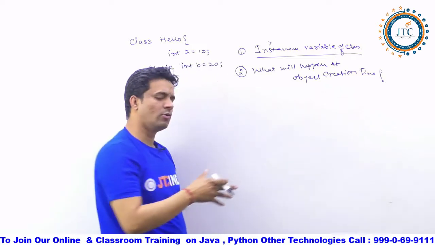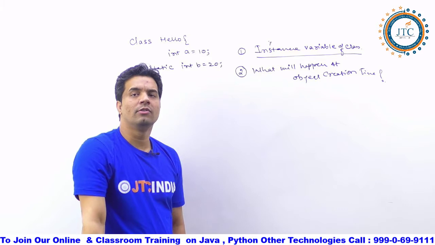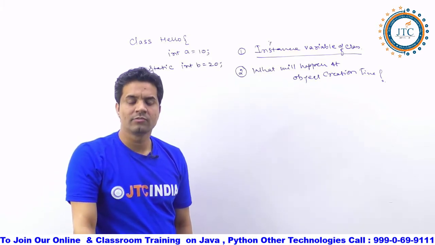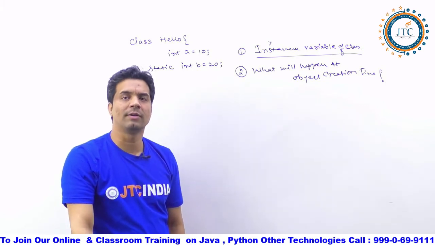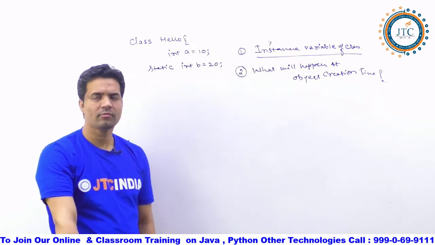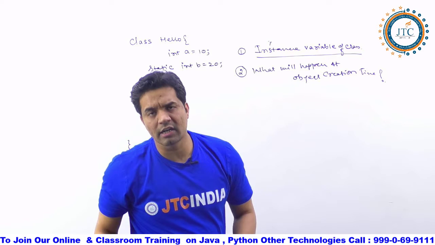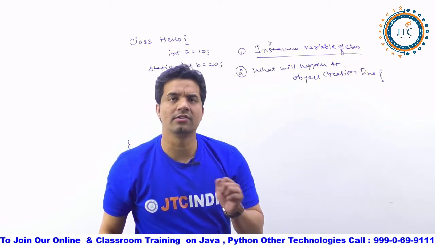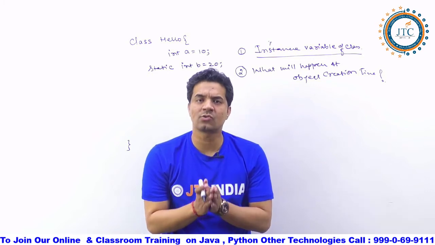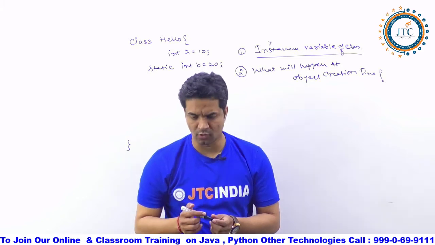These are the two things we need to understand, and in this itself you will get the answer of when memory is allocated for the instance variable of a class. Remember one point: memory for the instance variable of a class will be allocated at the time of object creation. Note it down.